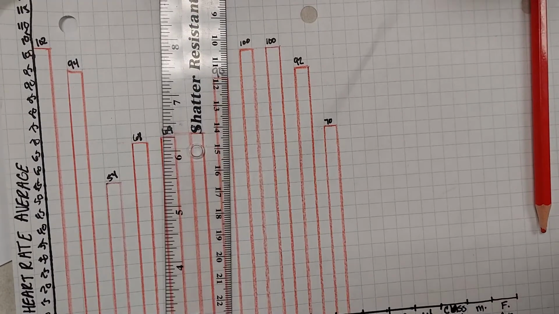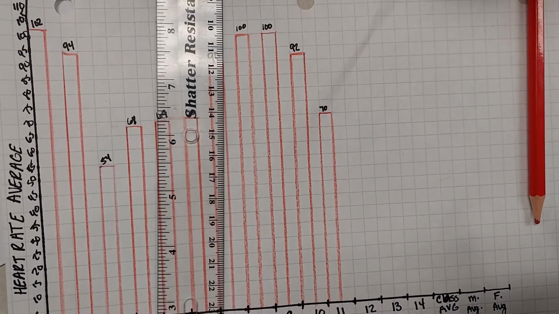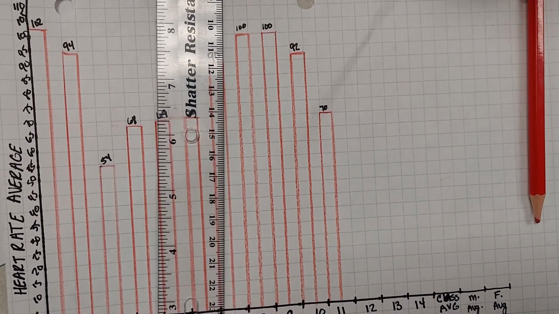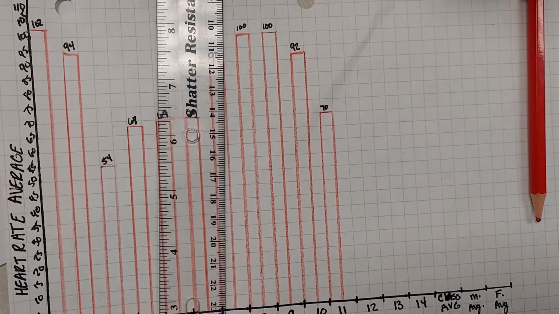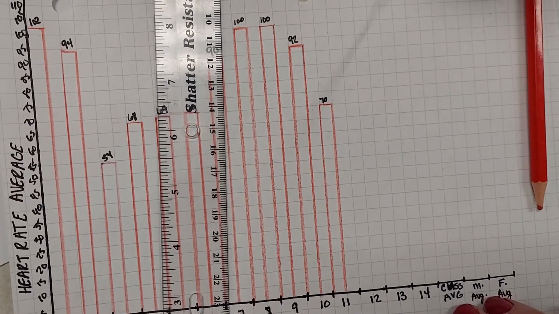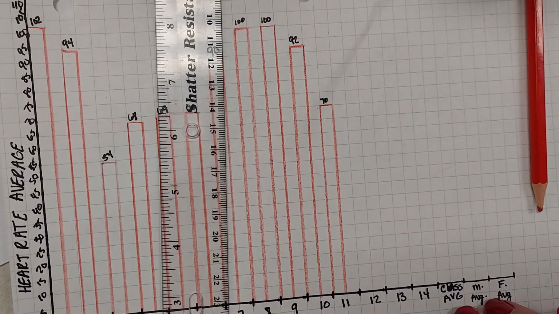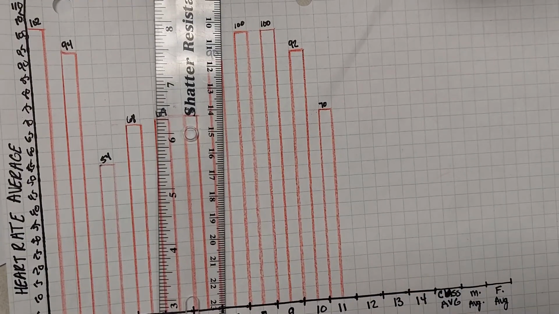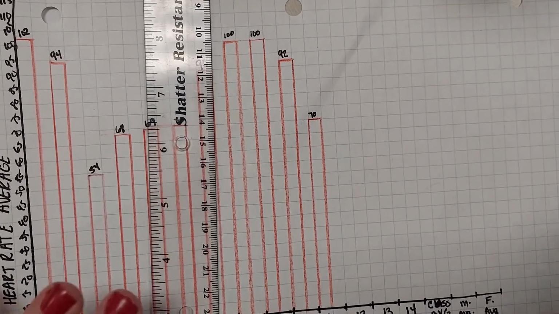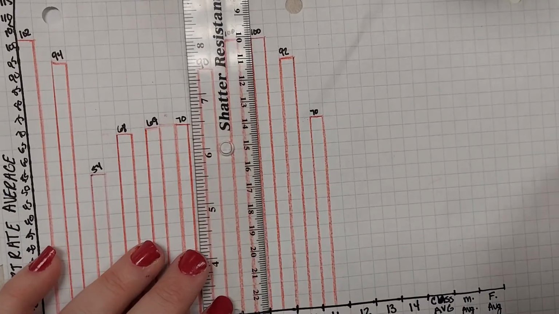Now, when we get done with all the graphs, what we're going to do in class, if we have time, is take the class averages and the male and female class averages, for resting and non-resting, and combine them onto one table, because then it'd be easier to look at as a whole.